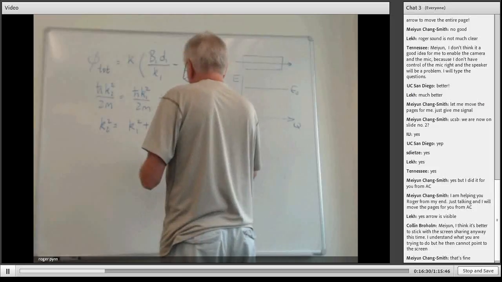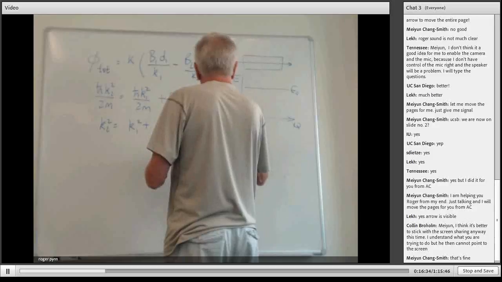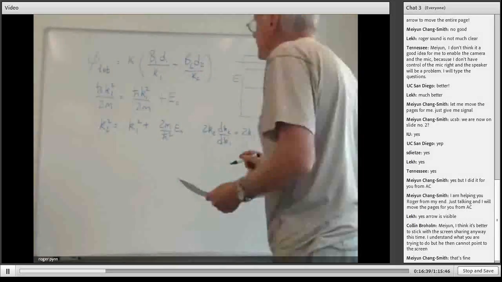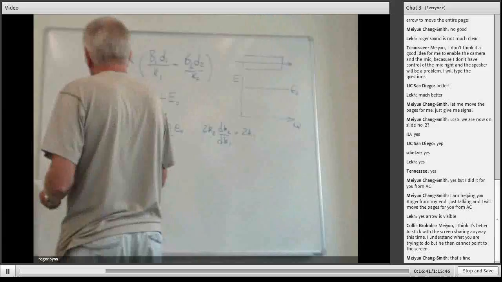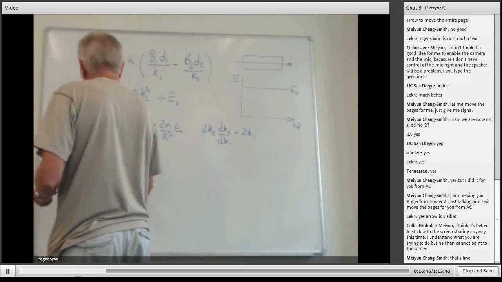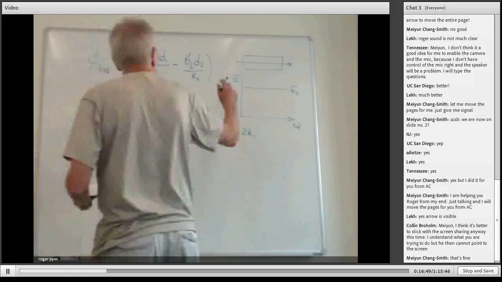2k2 dk2 dk1 is just equal to 2k1 from this thing here. Now I'm going to look at this total phase, and I'm going to ask, under what conditions does that total phase not change when I change the incident wave vector? Right?